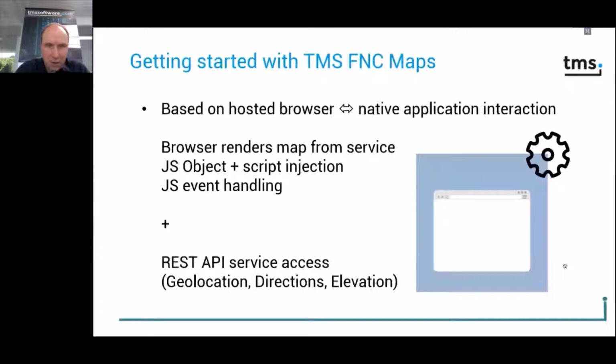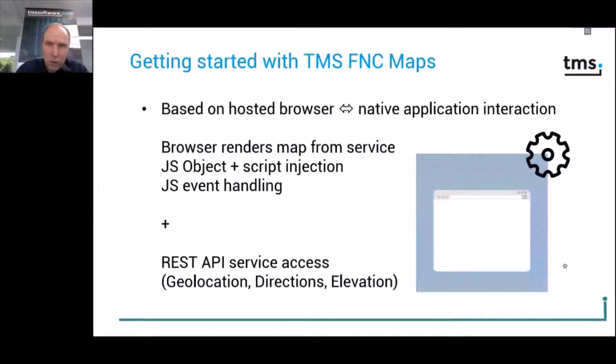And the other way around, within the map, several things might trigger events, and of course, you will want to handle these events at the native application level, so that side of the communication between native application and browser is also covered. That is for the visual part that comes with mapping services.